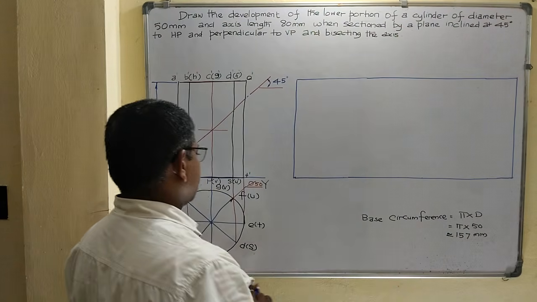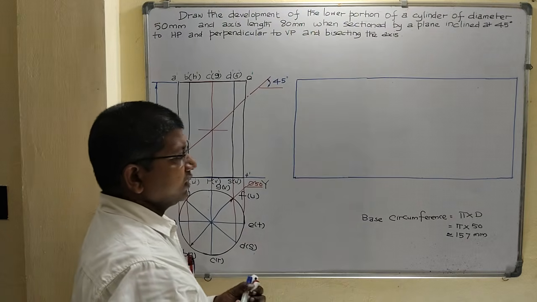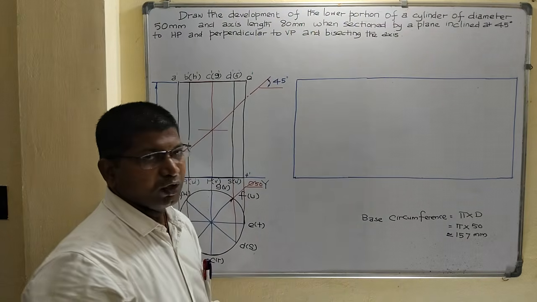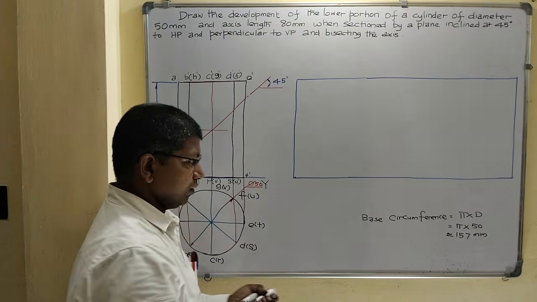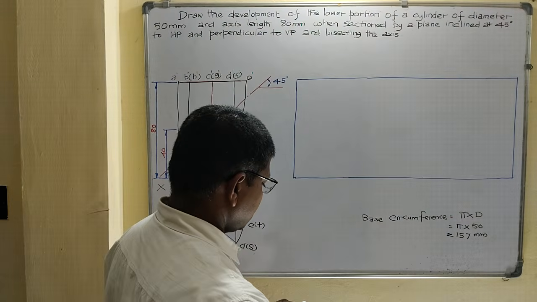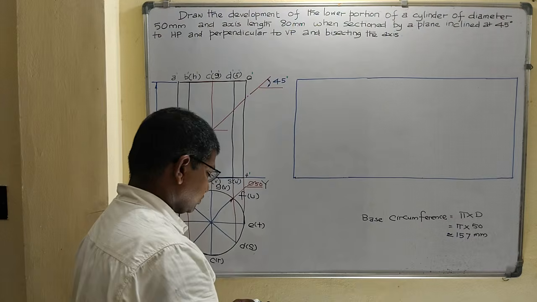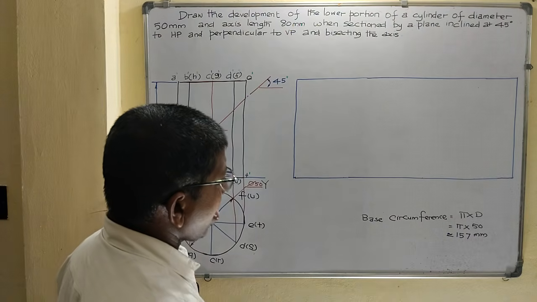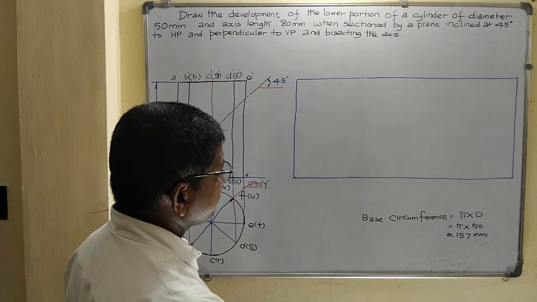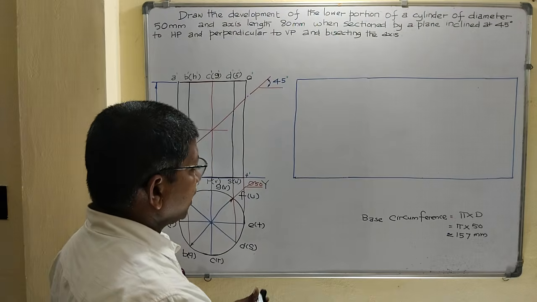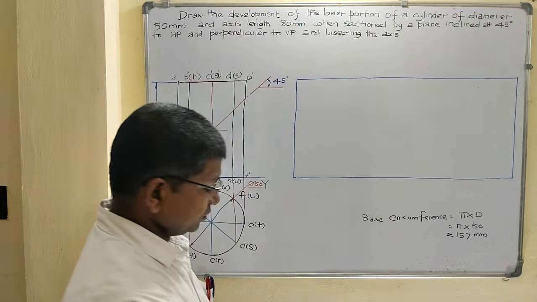Now draw the generators. How to draw the generators on that? 157 divided by 8, because 8 generators are available. Approximately 19 mm.